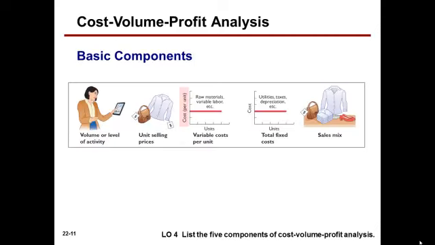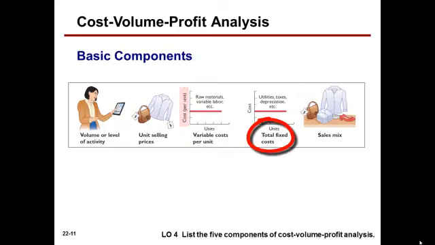Here are the 5 components that determine bottom line profits. Number 1, volume of sales. Number 2, unit selling prices. Number 3, a company's variable cost structure. Shown here on a per unit basis graph, the same cost per unit is what makes these costs vary or change proportionately in total to changes in sales volume.